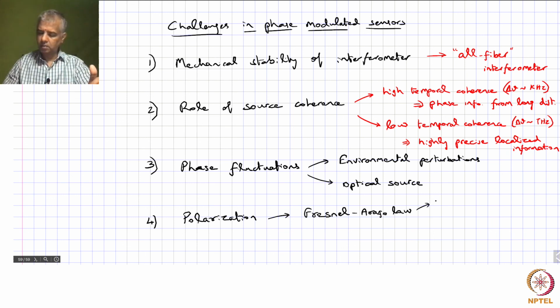you get max visibility when the polarization of the two light waves that you are using for your interference are the same.